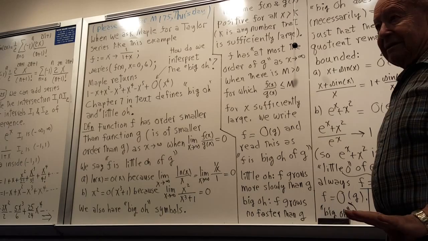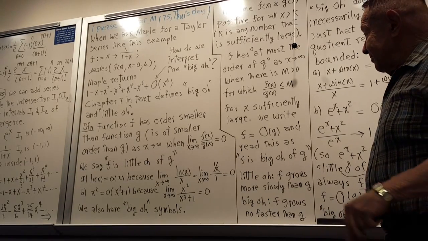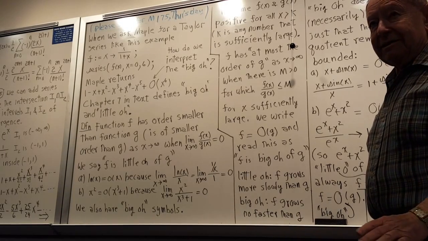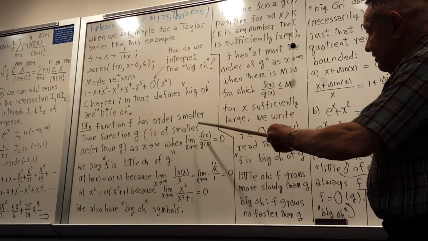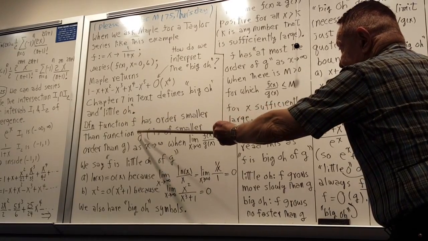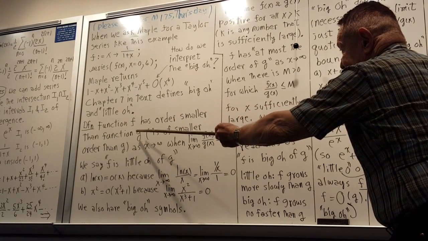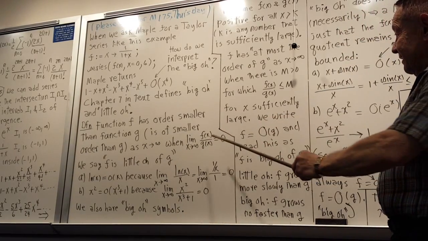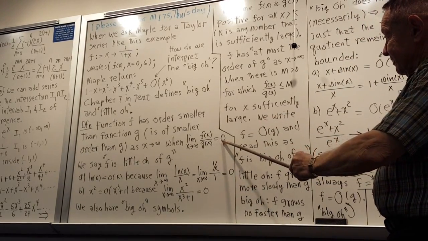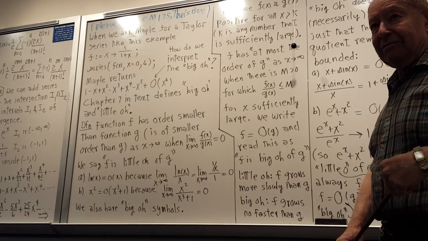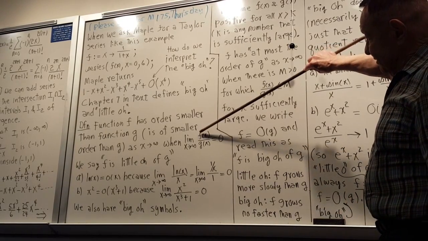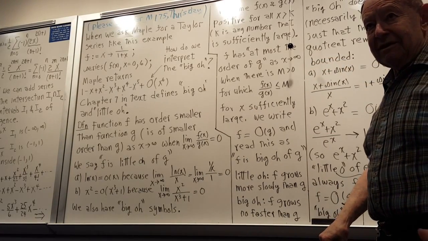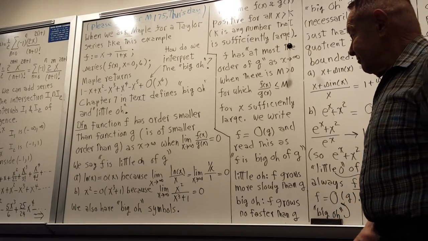So if you can, for example, set it up as a L'Hopital rule limit as x goes to infinity of a function that you want to show is little o of another function g, has smaller order, you have that if your limit will be 0, which you might be able to get if your form is infinity over infinity, say, by doing successive derivatives or using some other limit theorem.